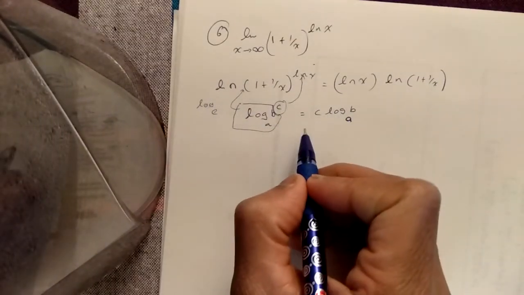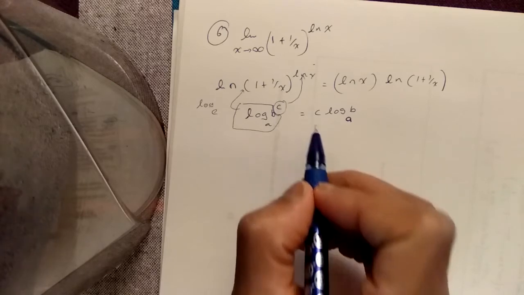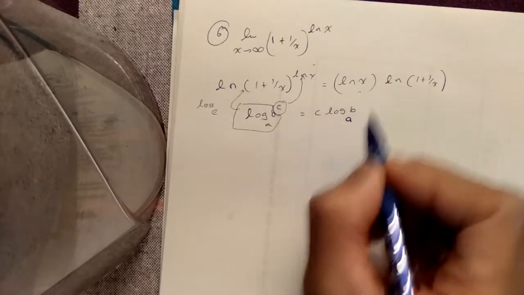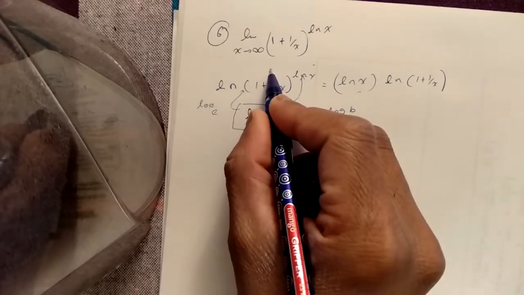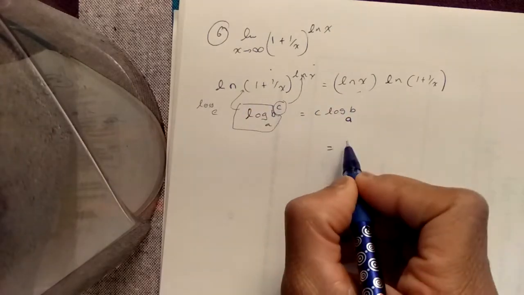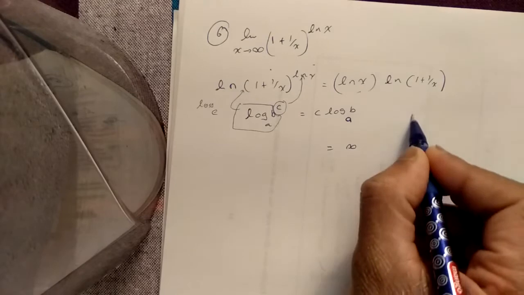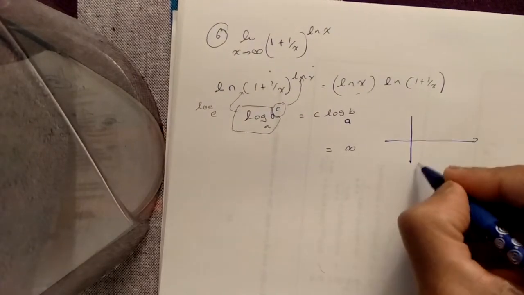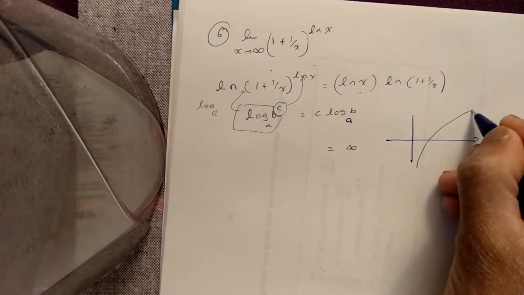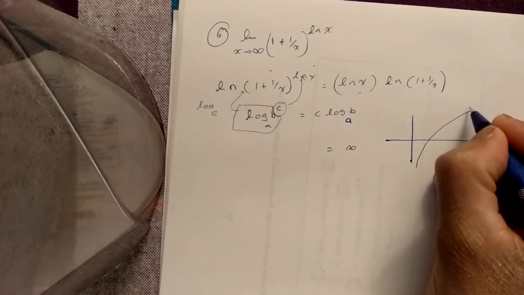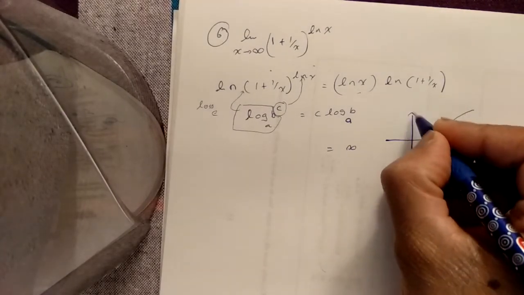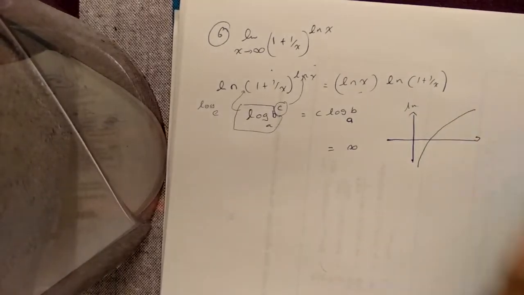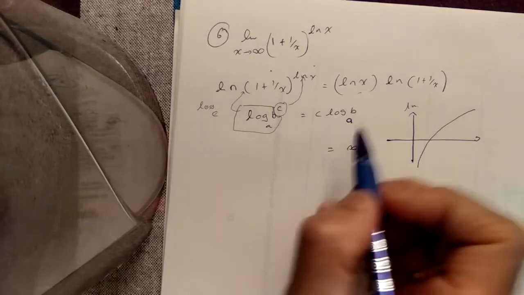Right. Then if we try to compute the limit, you can see the limit of this when x goes to infinity will be infinity, because the graph of the ln curve will be something like this. As x goes to infinity, the ln term will eventually reach infinity.